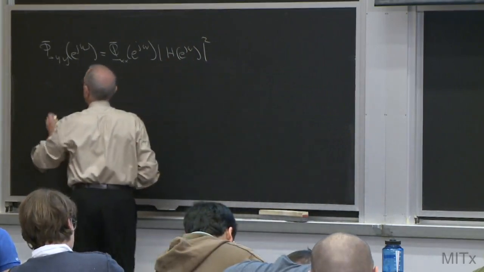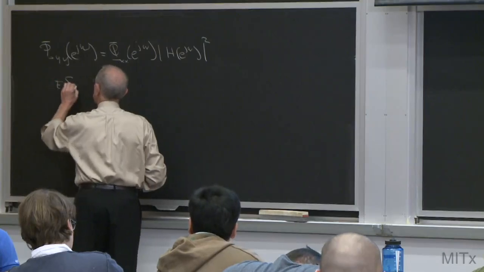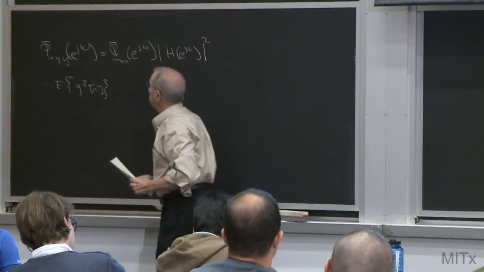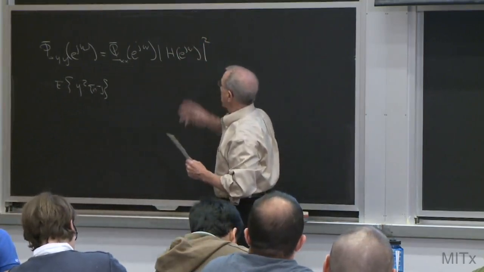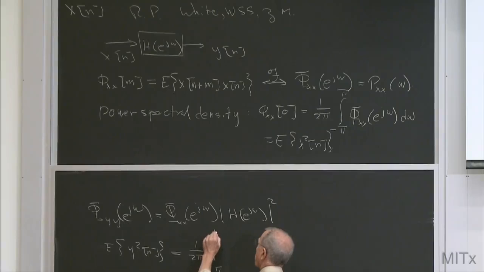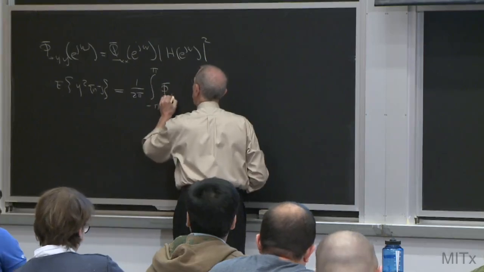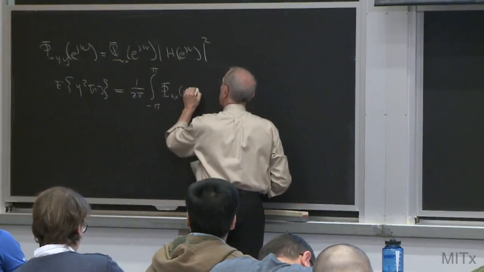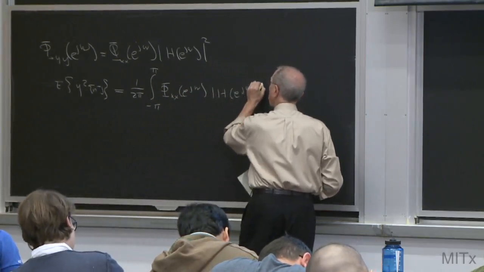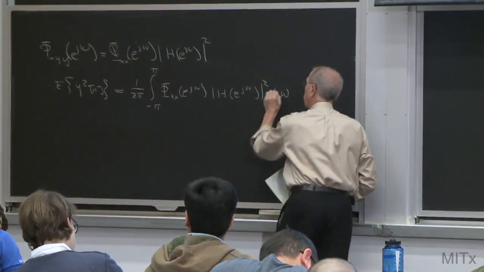And so, in fact, what that says is that the expected value, or the power in the output from an LTI system, is going to be proportional to the integral of phi xx of e to the j omega times the magnitude of H of e to the j omega squared, d omega.